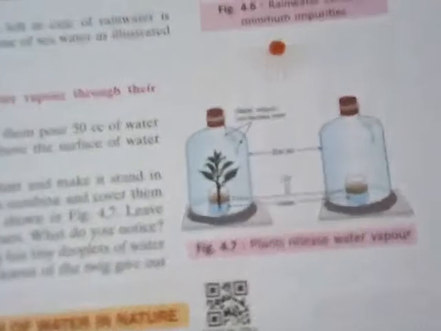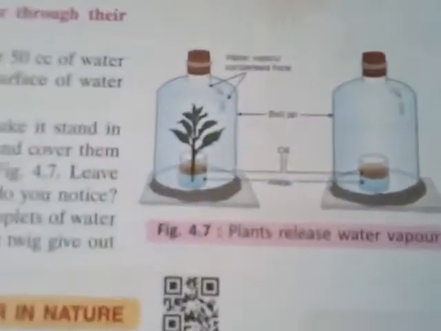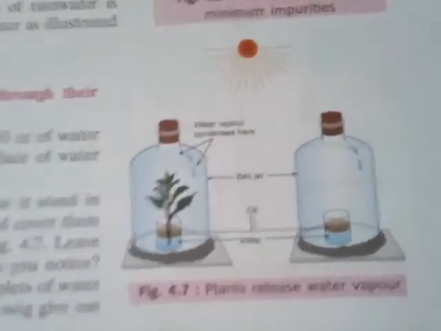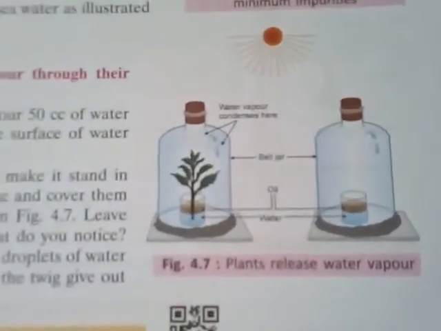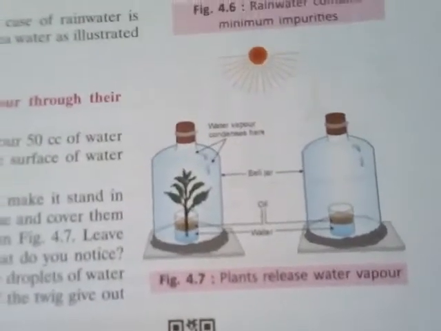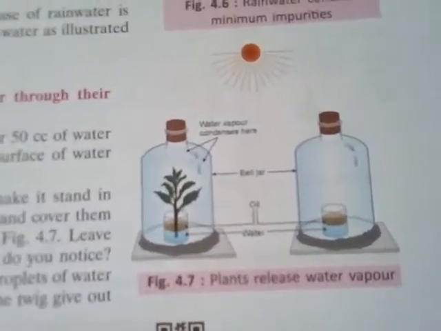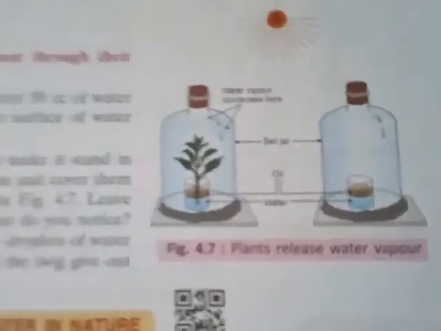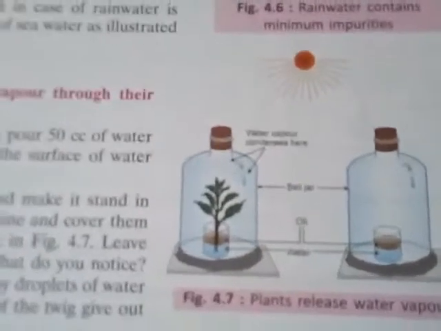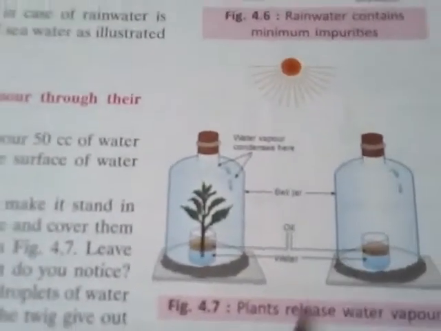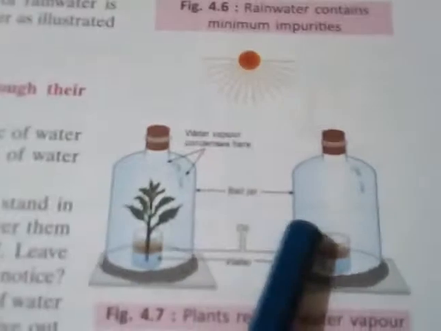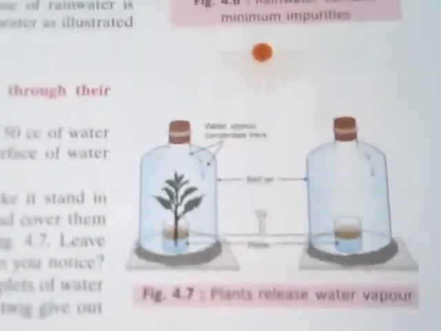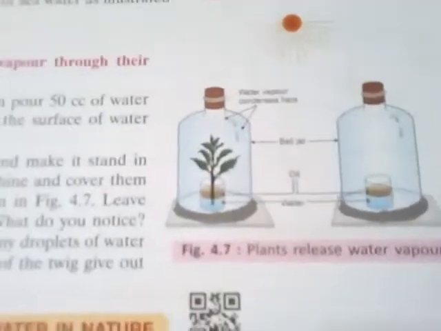So see these demonstrations. We have taken this bell jar. This jar is a special type for experimental use, called a bell jar. See students, I have taken two beakers, beaker number 1 and beaker number 2. This is called a beaker in chemistry terminology.